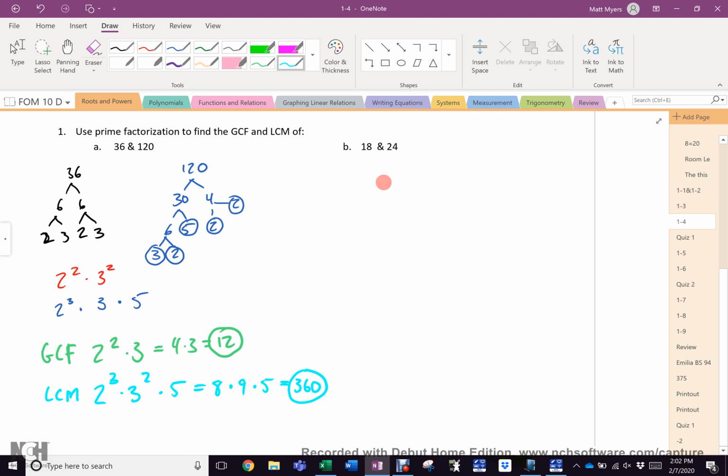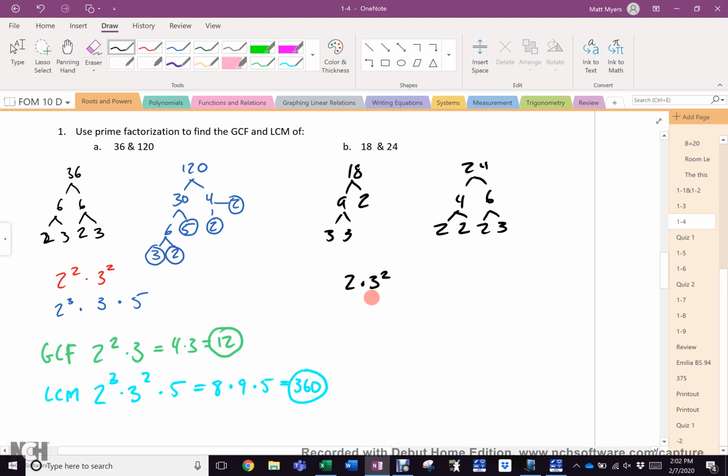Let me draw all the factor trees and then we'll go through them all. Okay? Because 18 we've already done. 9 and 2. 3 and 3. So that is 2 times 3 squared. 4 and 6. 2 and 3. 2 and 2. 2 cubed times 3.